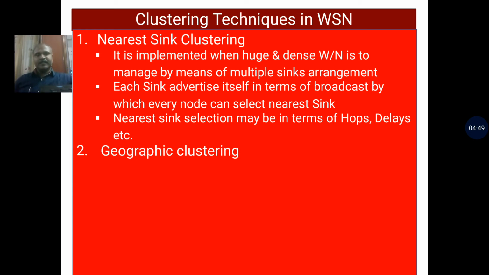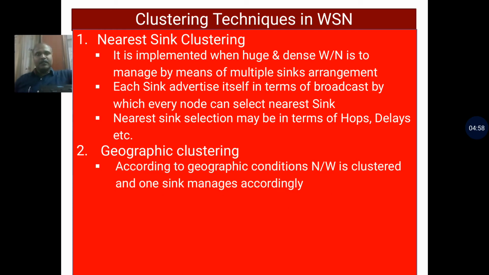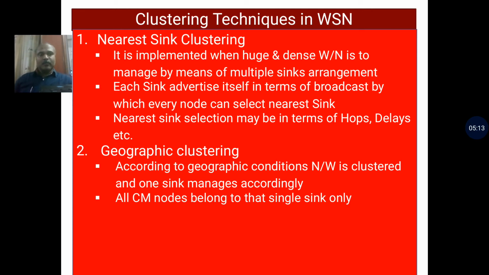Geographic clustering. In this case, according to the geographical condition of the area, it is clustered into a number of clusters. According to the geographic condition, the network is clustered and one sink manages accordingly. All cluster member nodes belong to that single sink only.